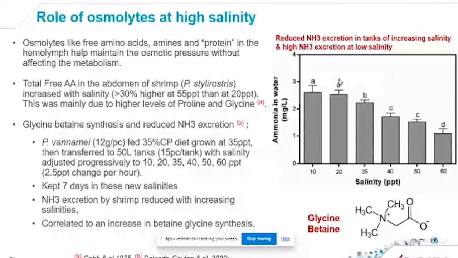This was observed in just a short period of 7 days when the shrimp were maintained at different salinity conditions. So you see on the graph a reduction of the ammonia dissolved in water, which reflects the reduction in excretion. At the same time, this synthesis activity for betaine.